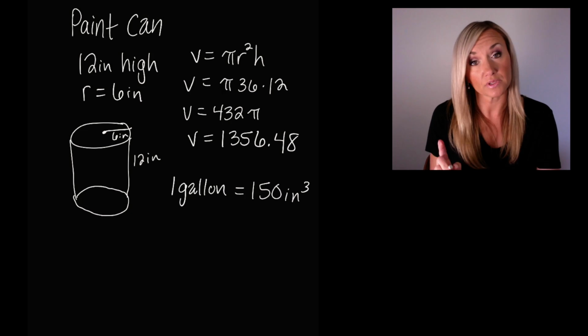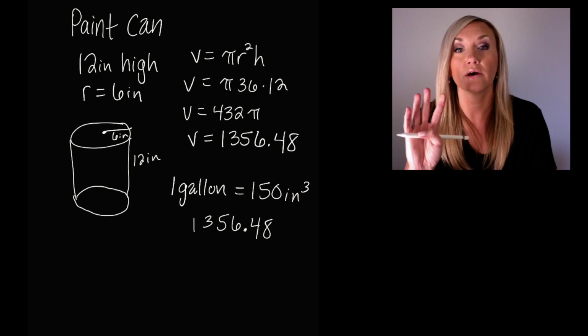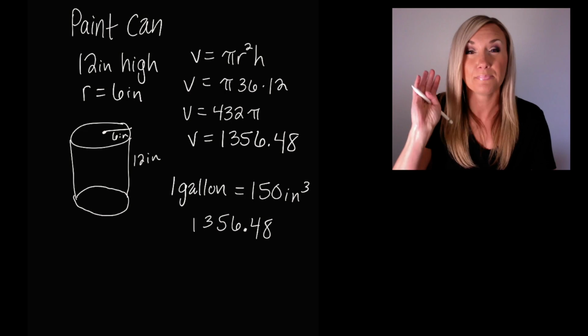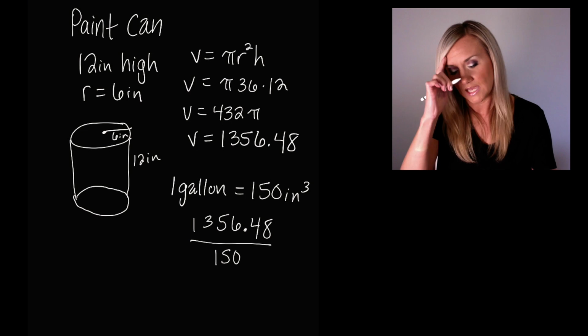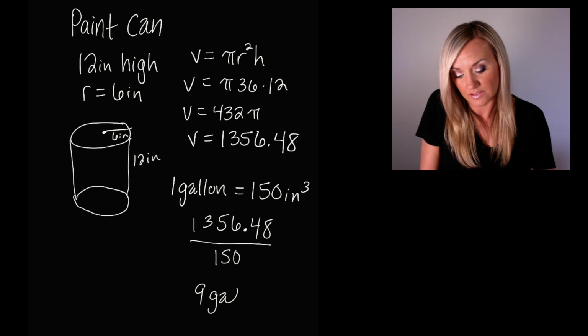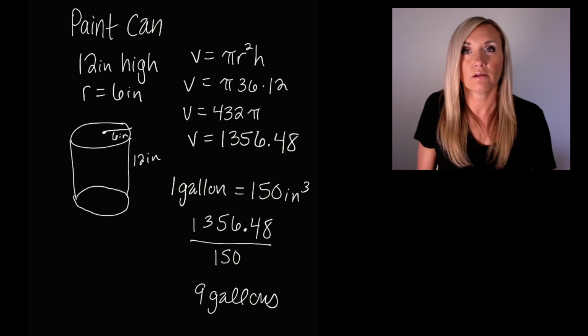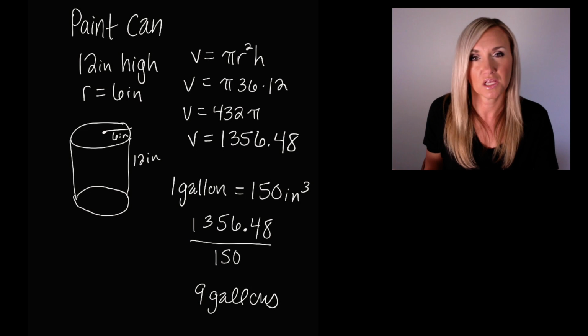Well, we can simply take the 1,356.48, that I don't want to round yet, and divide it by 150. And when I do, that gives us about 9 gallons. Well, it's 9.04, but since we're rounding to the nearest tenth, that would give us 9 gallons.